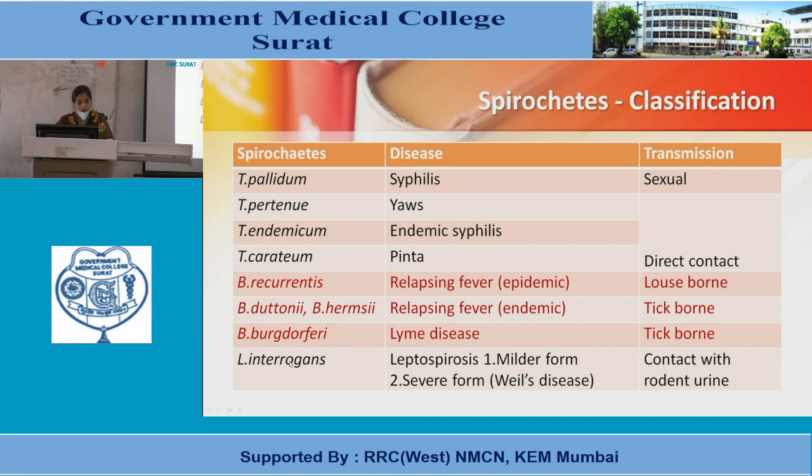Fourth is Leptospira interrogans, which causes leptospirosis, with a milder form and a severe form called Weil's disease, transmitted by contact with rodent urine.